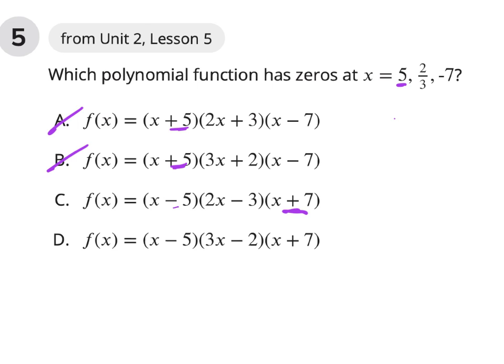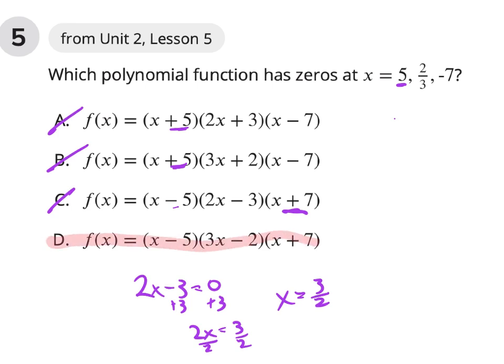They match. So now, I got to set 2x minus 3 equal to 0. I add 3 to both sides. I get 2x equal to 3. I divide by 2. I get x is equal to 3/2. This is 2/3, not 3/2. So C doesn't work. So the only possibility is D.